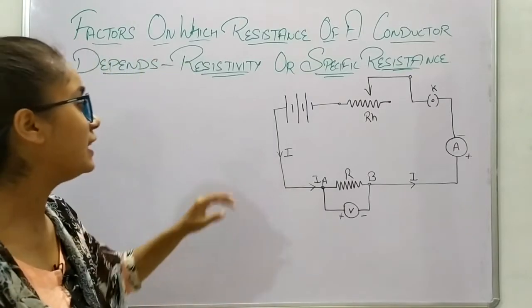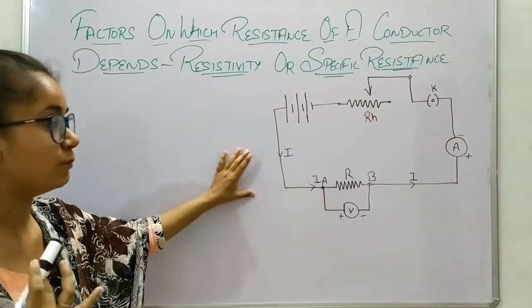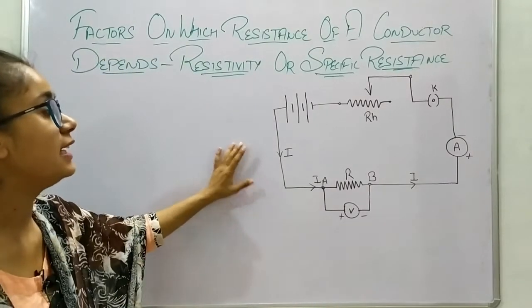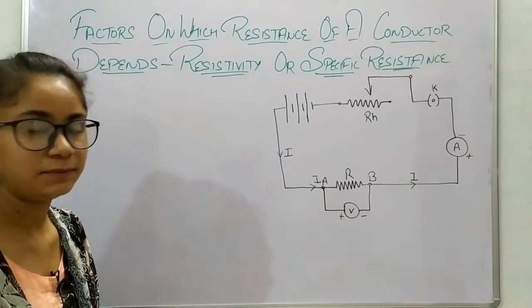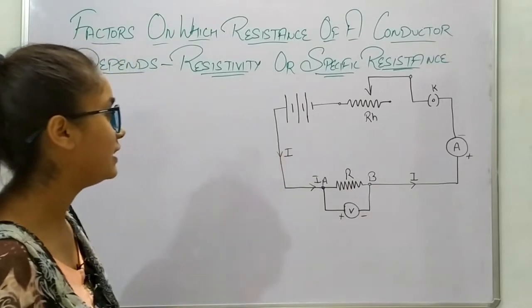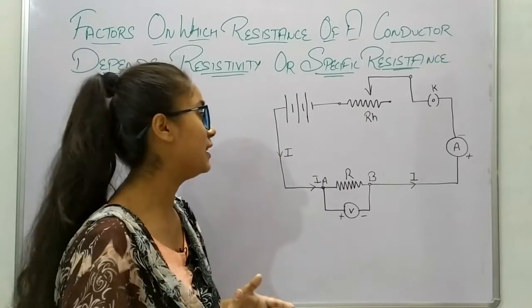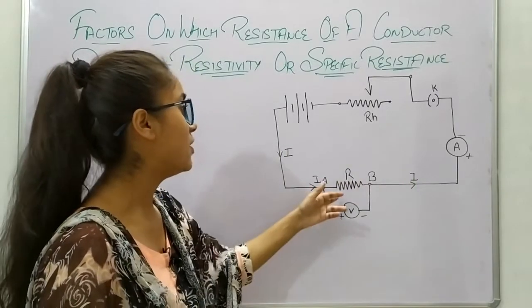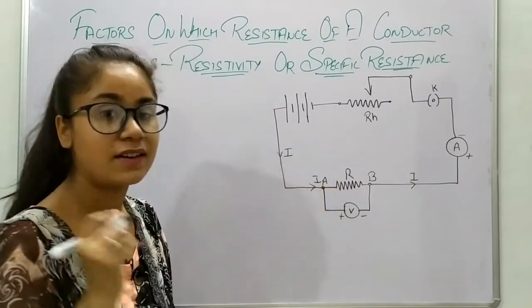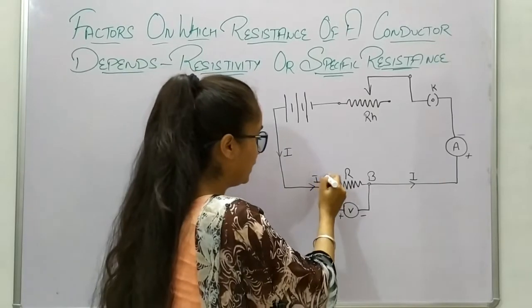Okay, so on this board you can see a circuit diagram. In this circuit diagram, you can see there is a battery that is connected to a conductor in which there is a rheostat, an ammeter, a voltmeter, a resistance, and a resistance wire.